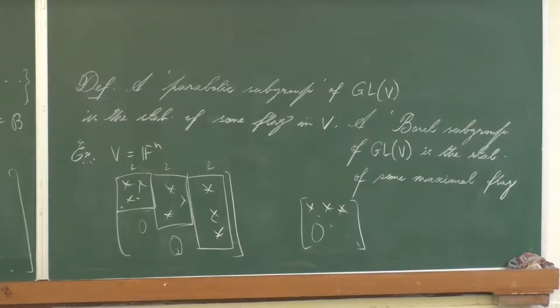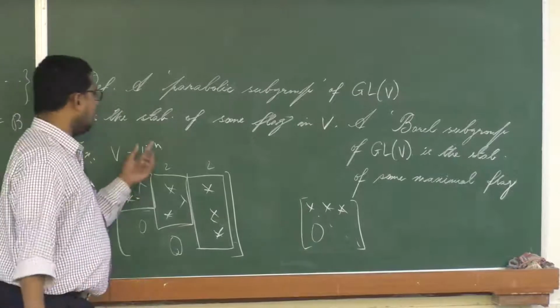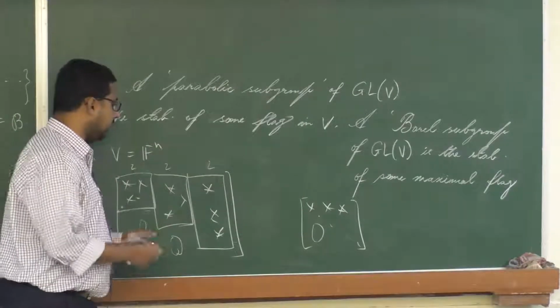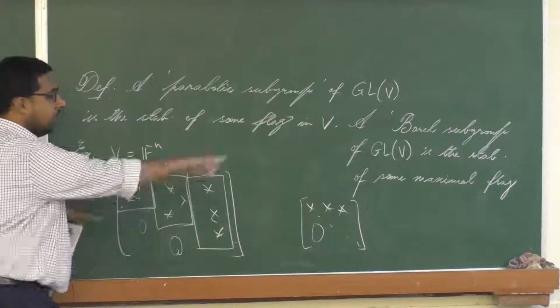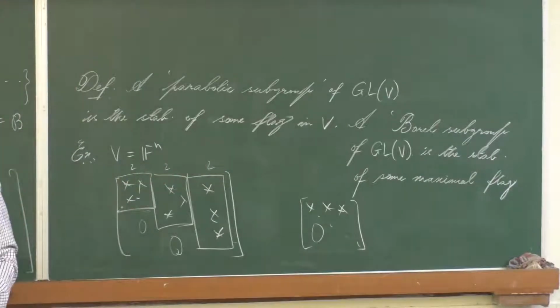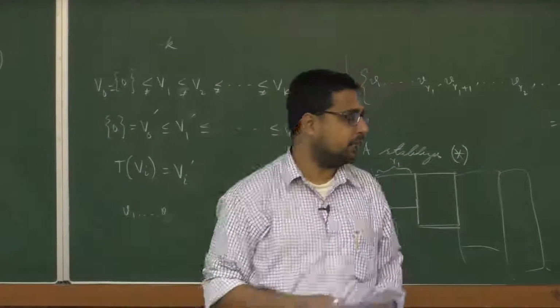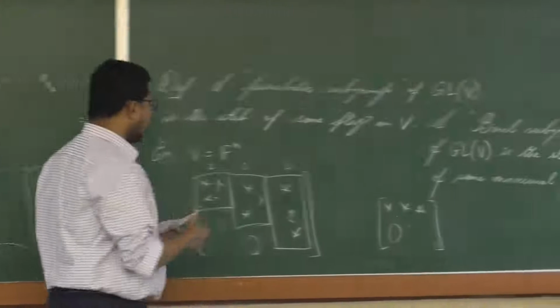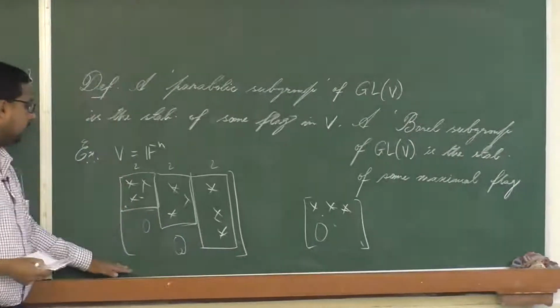Because inside F^n, for any given length, we do have a standard choice of a flag of the same length, and if you look at its stabilizer, it will be of this form.